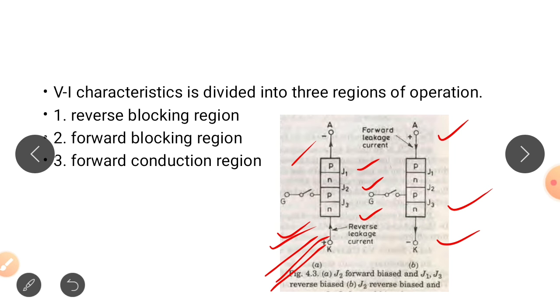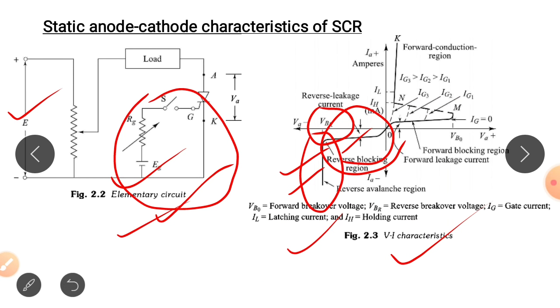In this mode of operation, a small amount of current called forward leakage current flows through the device. This region is the forward blocking mode, and this part is the forward leakage current part.